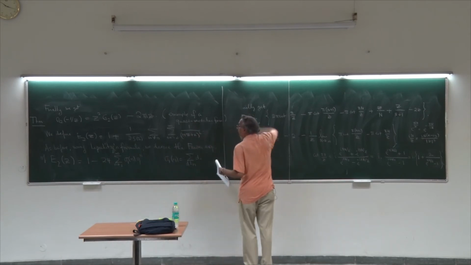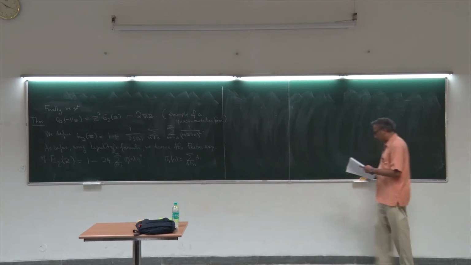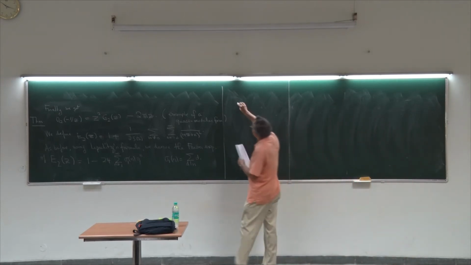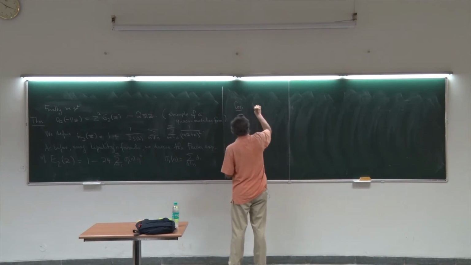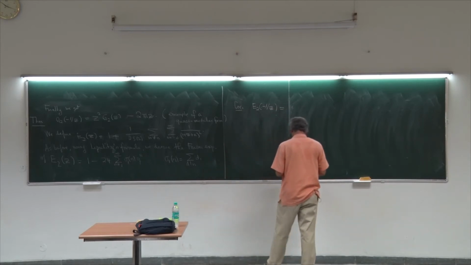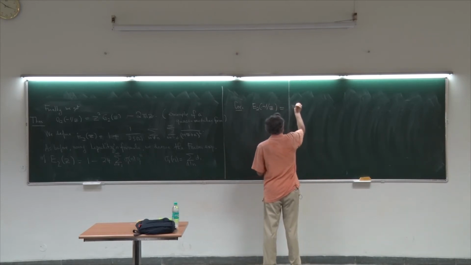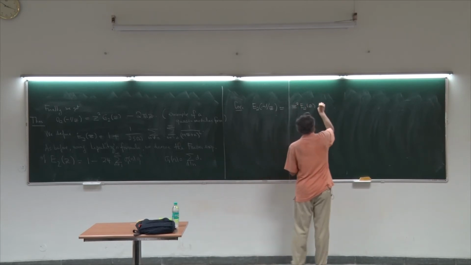And so if you want to rewrite our theorem in terms of E2, you have a corollary that E2 of minus 1 over z is equal to z squared E2 of z plus 6z over pi i.